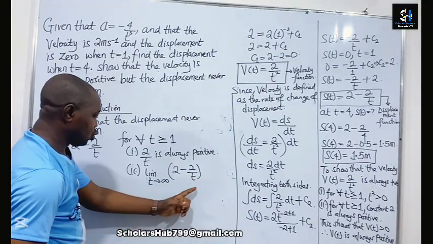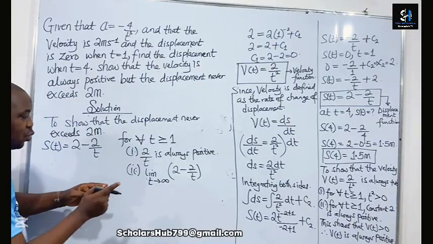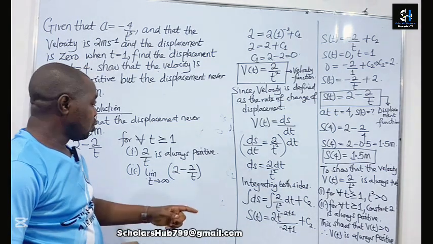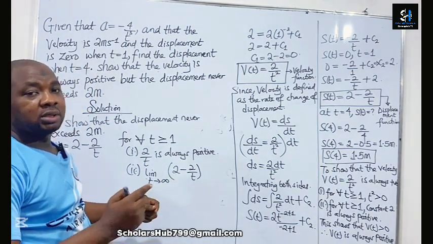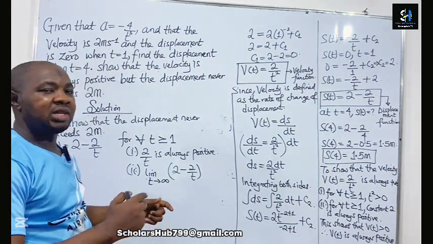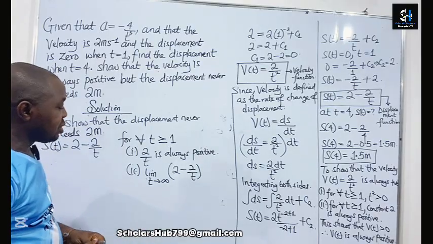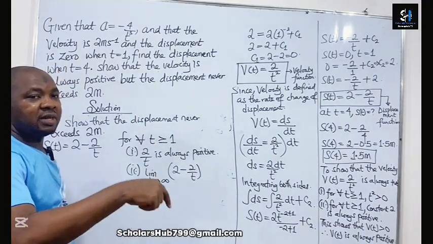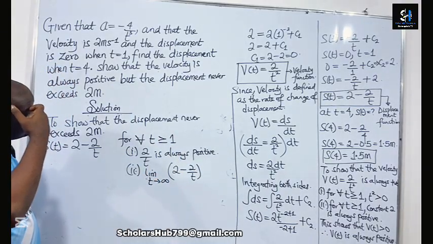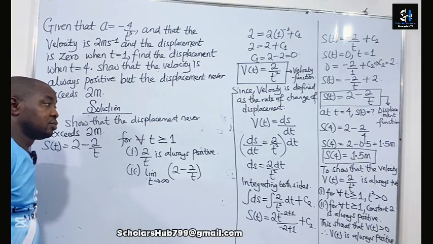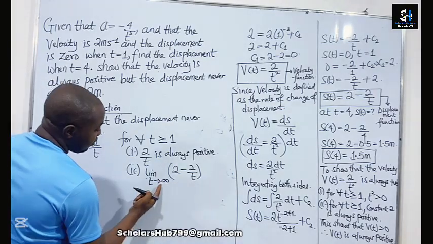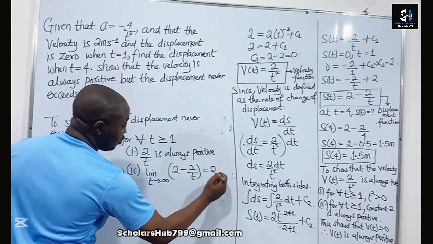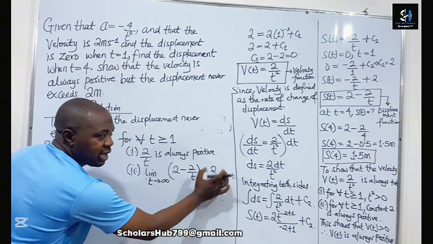This is just like having a positive value subtracted from 2, and that means we're going to get a value which is less than 2. So the displacement will increase towards 2 but never exceed 2. When we put t as infinity here, this will be 0, so this will be equal to 2. So it never exceeds 2.